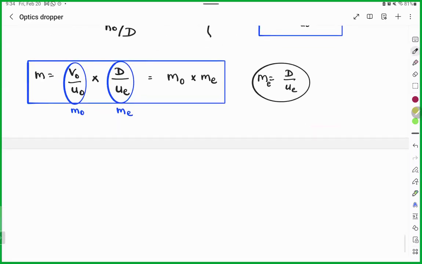Again, two cases. Case one, when your image is formed at D distance, least distance of distinct vision. In this case, magnification will be equal to what? Tuhina, at D. Sir, I'm not sure. What is the normal magnification value in the simple microscope?